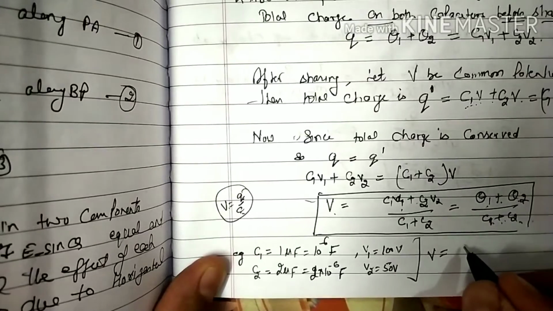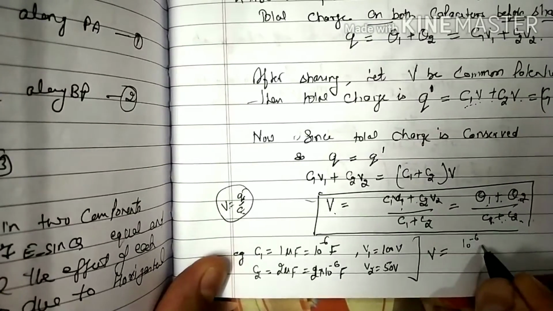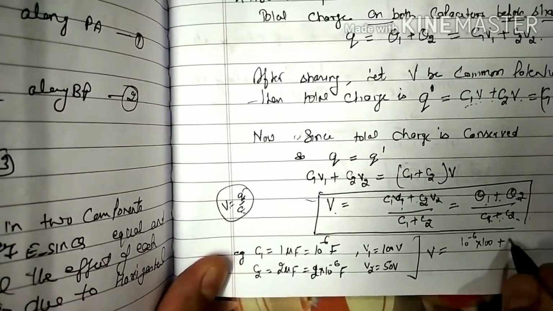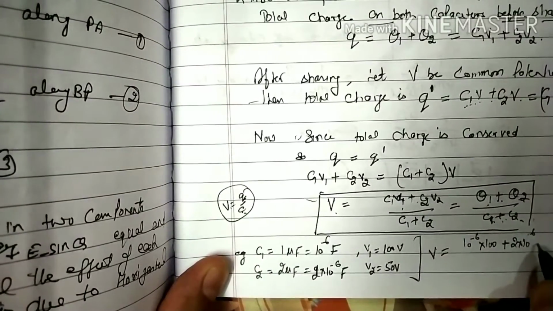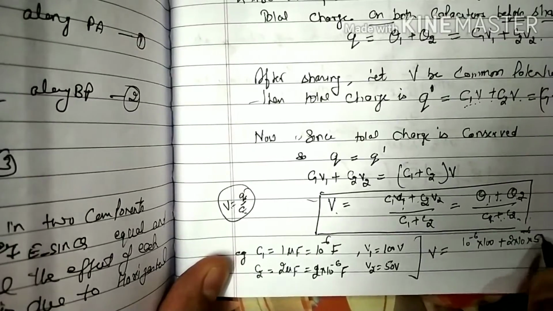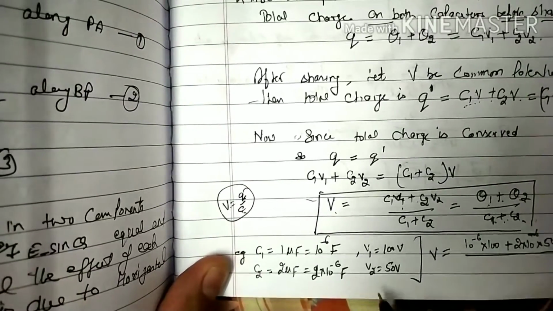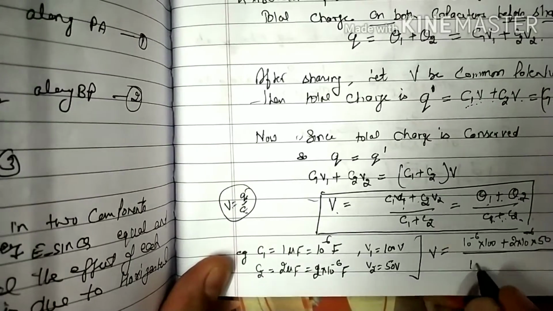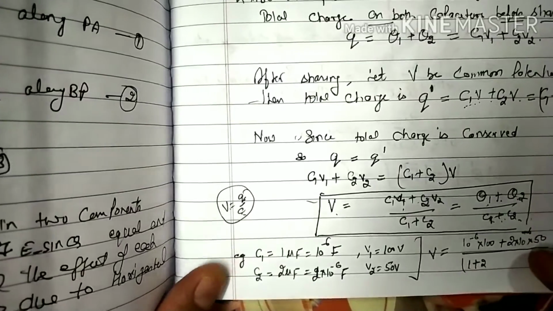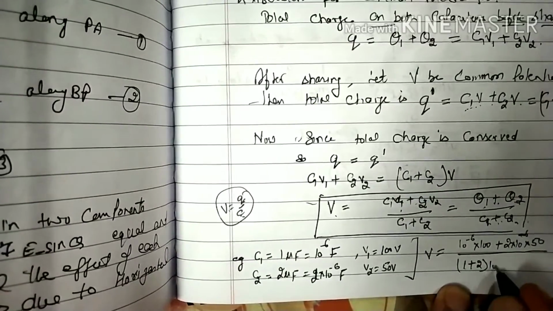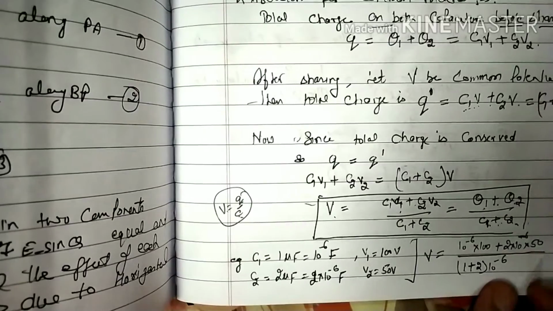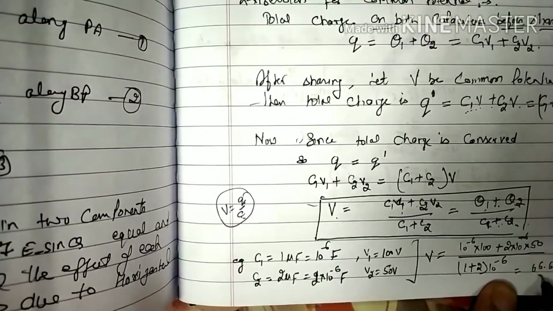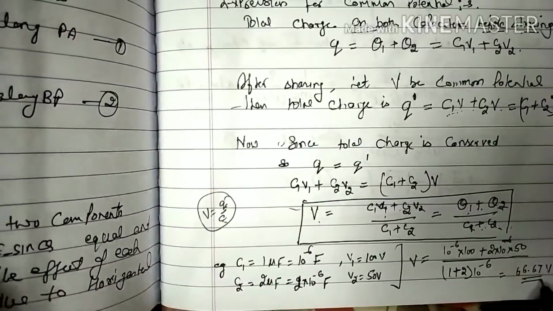Substituting, we get (10^-6 × 100 plus 2 × 10^-6 × 50) over (1 plus 2) into 10^-6, which gives 66.67 volt. That is the common potential.